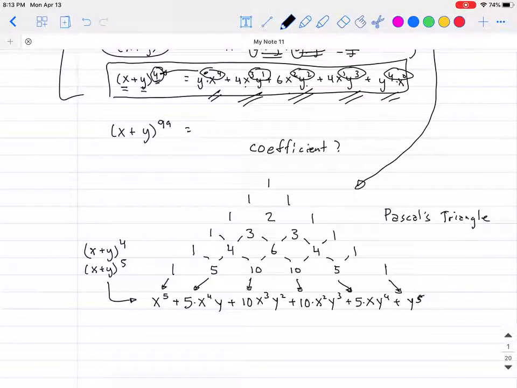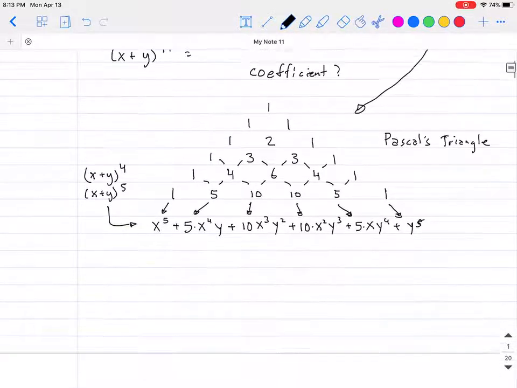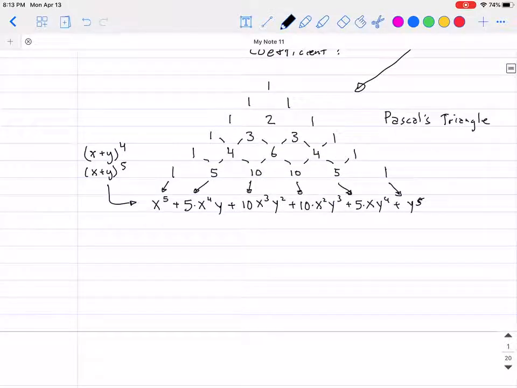Well, this is somewhat nice for the most part, but unfortunately, math does get a little bit more complicated. And I'm always here to throw those what-if questions, and if not, somebody else will. The what-if question is, what if I want to figure out the 50th term of (x + y) raised to the 100th power?